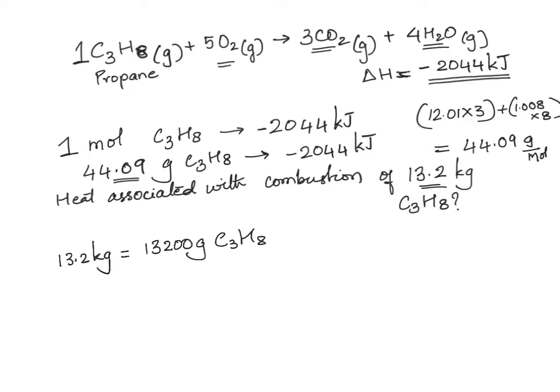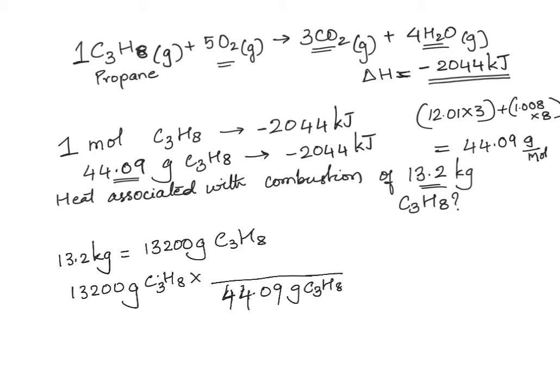So 13200 grams of propane multiplied by, for every 44.09 grams of propane, negative 2044 kilojoules of heat.